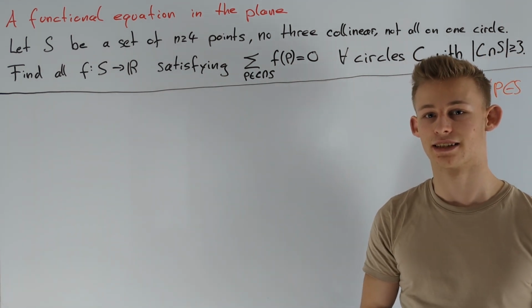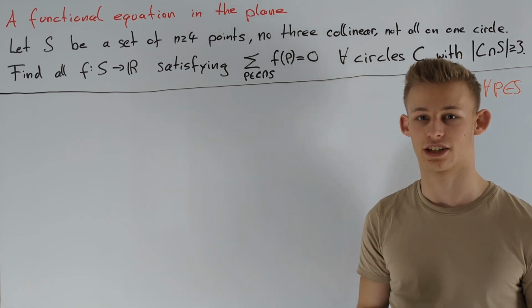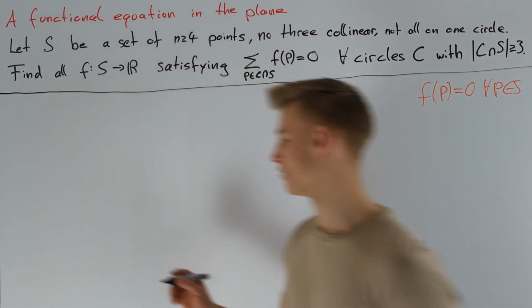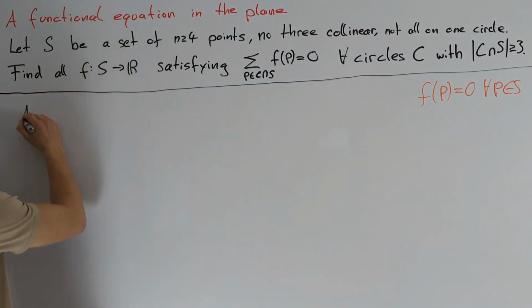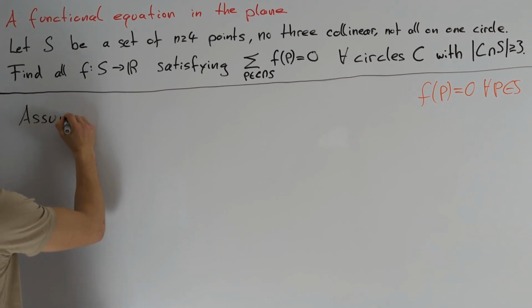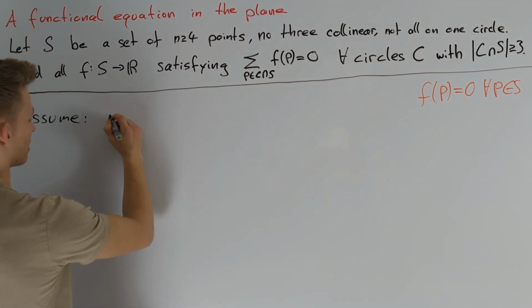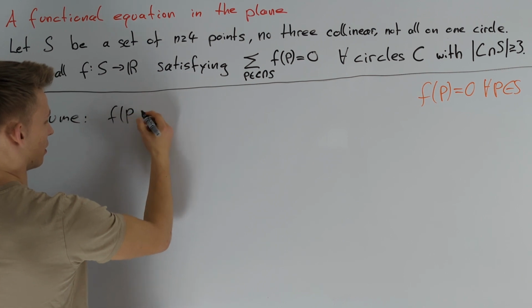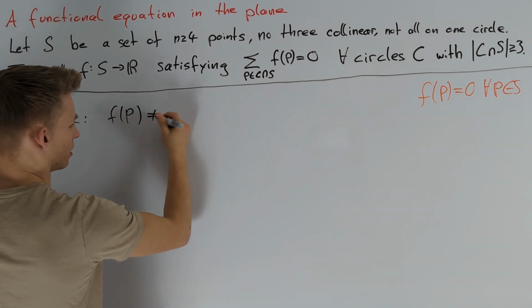But nonetheless, it's a good idea to consider such cases, and therefore, for the sake of contradiction, we want to assume that we find a point p such that f of p is not equal to 0.